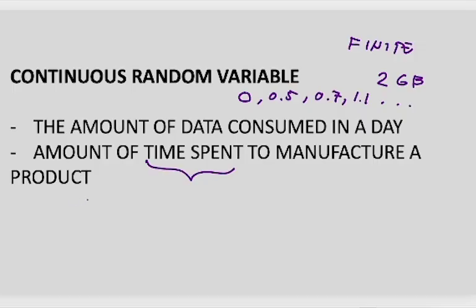Let's say, for example, you can get as low as 1 hour, 1.1 hours, up to positive infinity, depending on the performance of the manufacturing plant. In this case, if we have a positive infinity as the upper limit of our variable, then this is considered to be an infinite continuous random variable. And that is the difference between the two random variables.